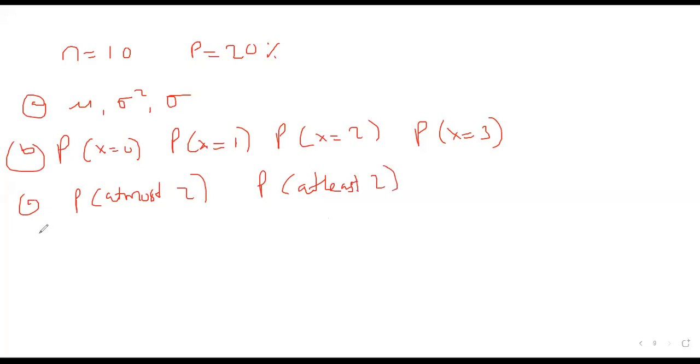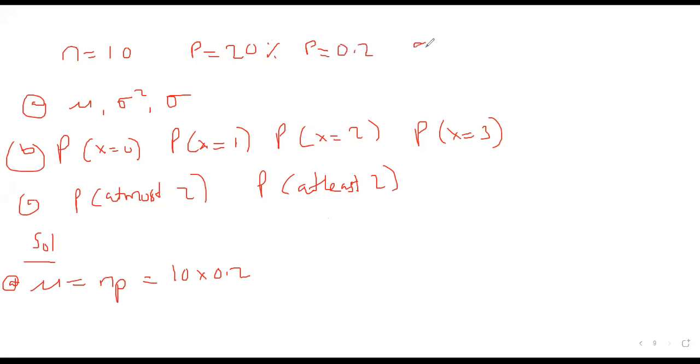All right. So how do you find the mean? Who remembers the mean under binomial? np. Our n is 10. Our probability is 0.2. By the way, if P is 20%, it's the same as 0.2. Do we agree? Yes.